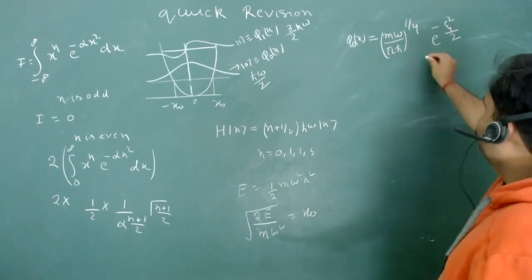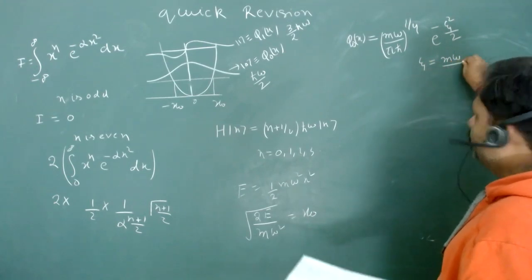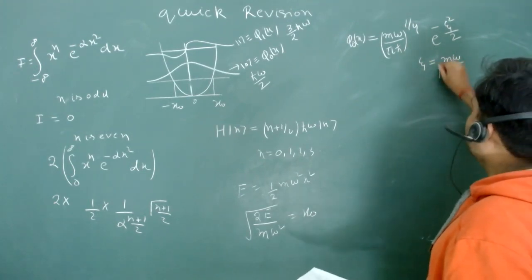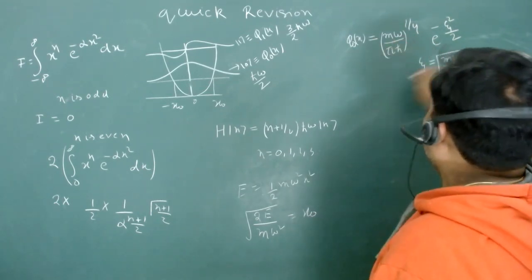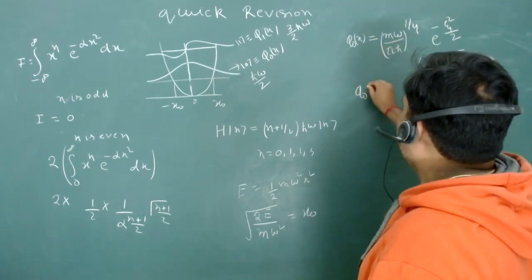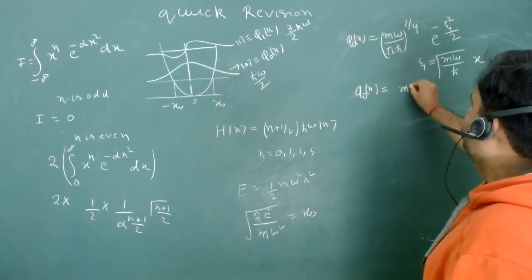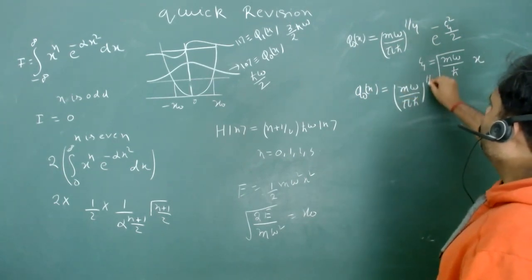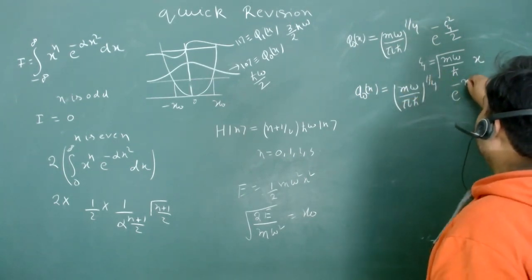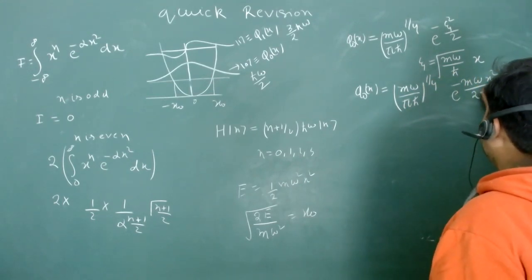You can also remember the value of xi is equal to root under m omega upon h-cut into x. So in a complete form, you can remember the ground state phi naught is (m omega upon pi h-cut)^(1/4) e^(-m omega x^2 / 2h-cut).